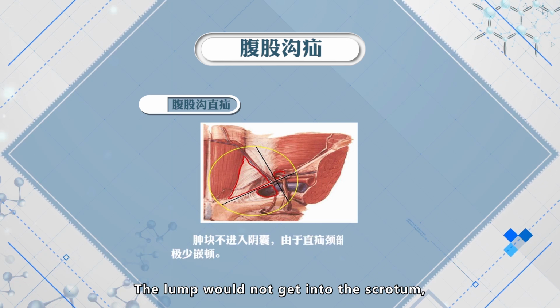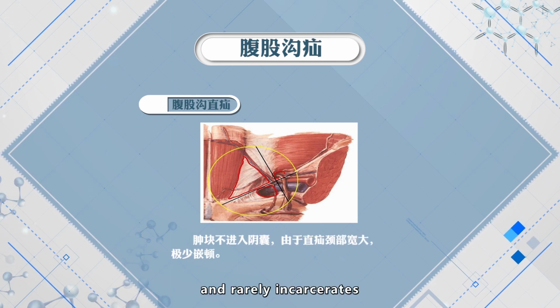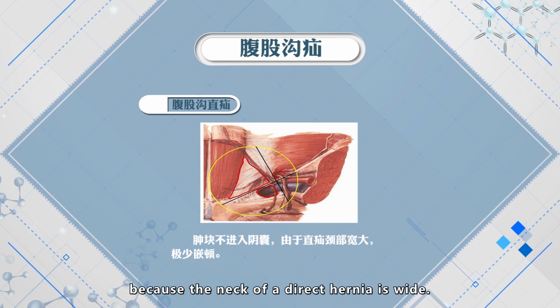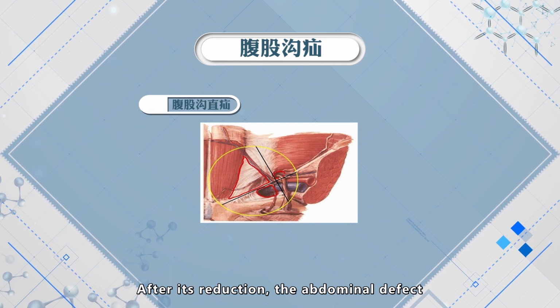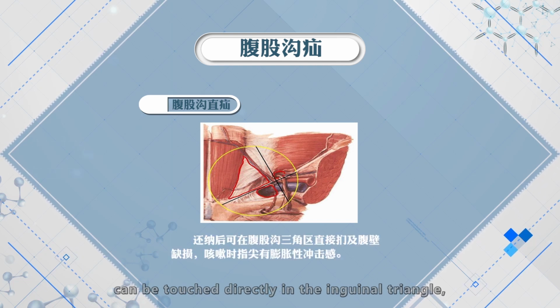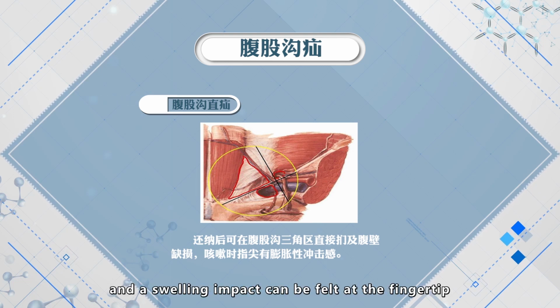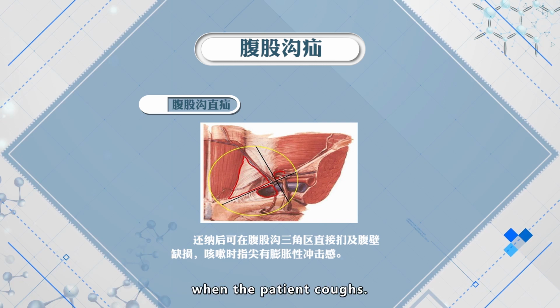The lump would not get into the scrotum and rarely incarcerates because the neck of the direct hernia is wide. After its reduction, the abdominal defect can be touched directly in the inguinal triangle, and a swelling impact can be felt at the fingertip when the patient coughs.